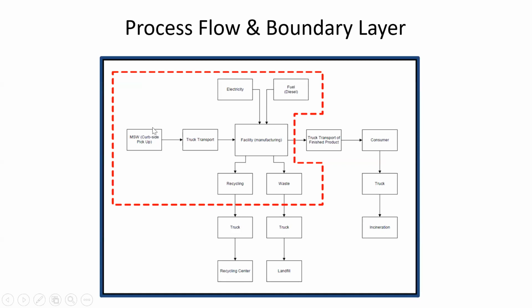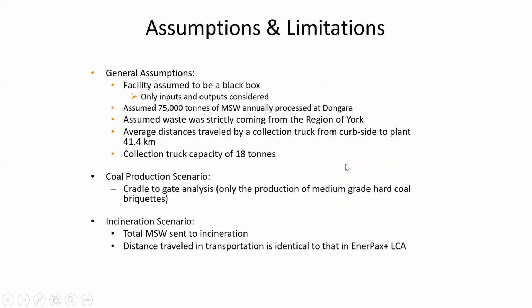The MSW comes in by truck transport to the facility for manufacturing, then recycling, then you have the waste, which goes into the truck and out, and truck transport to finished product, consumers, and other destinations. The facility was assumed to be a black box, and only input and output were considered. For the MSW, the waste was assumed to come strictly from the region of York.